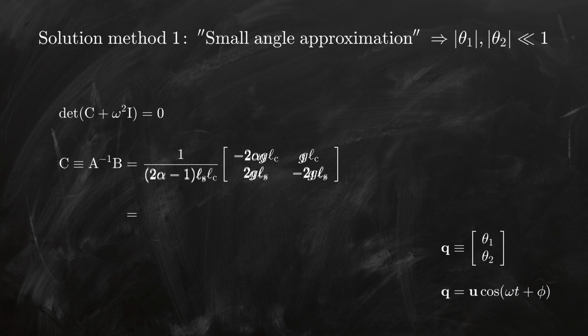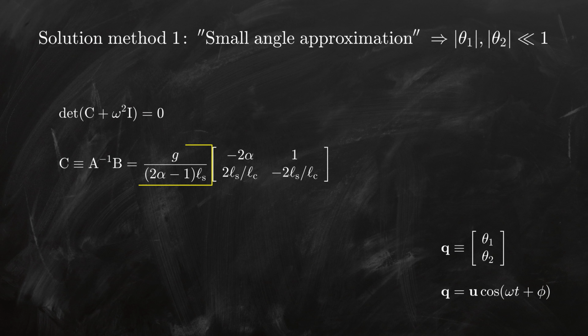I'm now going to take g times LC outside of the matrix and call this fraction capital omega squared, to remind us that it has the units of squared frequency, that is, 1 over seconds squared. I will also go ahead and introduce a second dimensionless constant, beta, as Ls over Lc, to clean the matrix up a bit further.